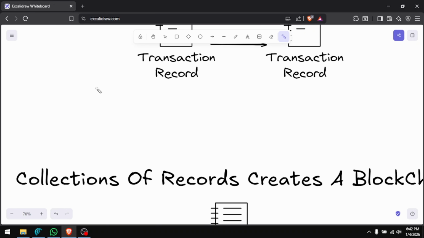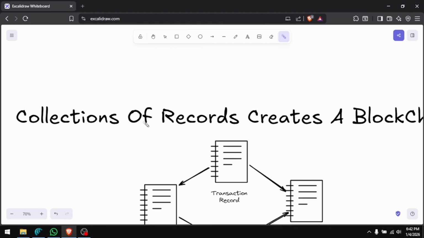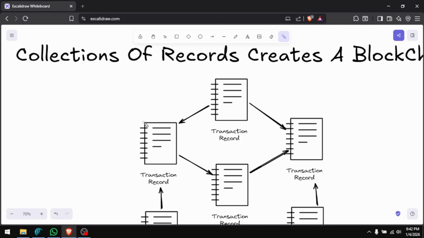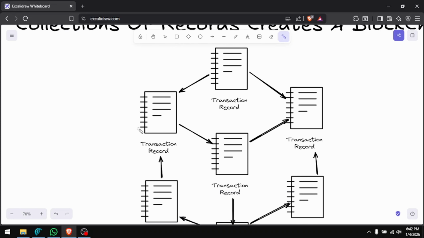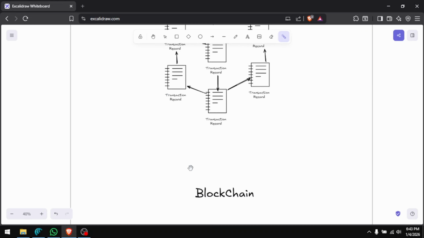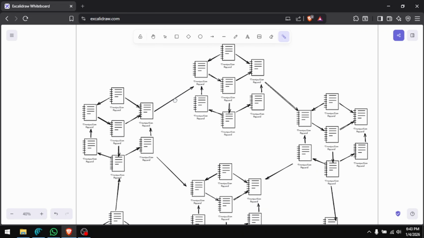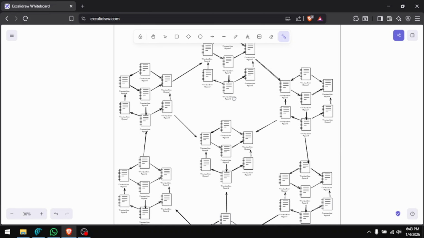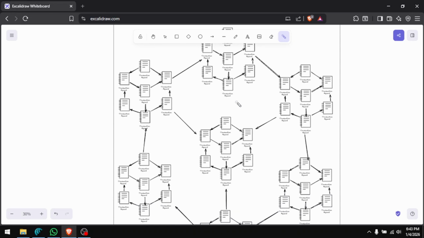We are not limited to only one blockchain record. There are multiple. In fact, I don't know how many there are, but hundreds of blockchain records are linked together. When they're linked together, they create an entire ecosystem of blockchain records.